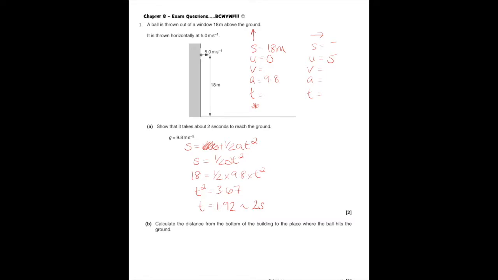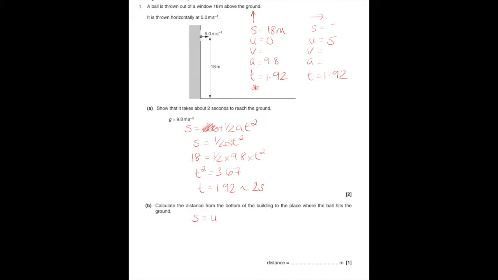Then on to part 2, we're looking for the distance from the bottom of the building. So now we're looking for our horizontal distance. We know that this 1.92 is our time, and remember that time is the one parameter that is the same both in the vertical and the horizontal plane. So now we're using this to find a value for s.